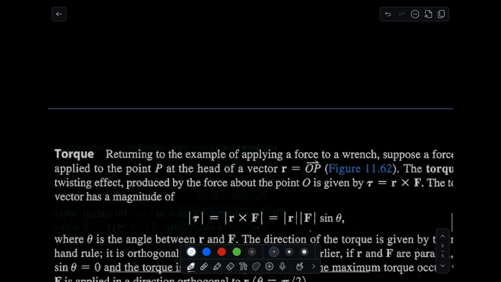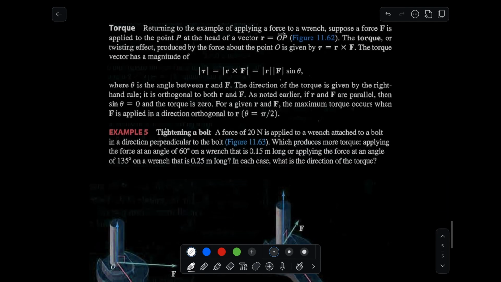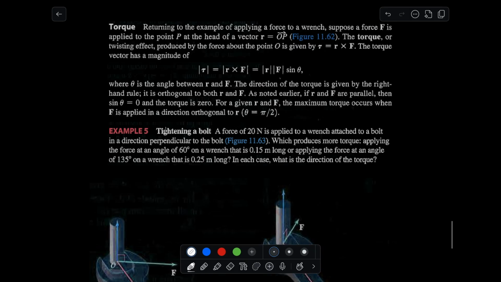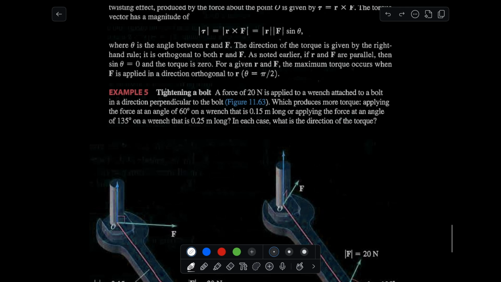And finally, going to our real-world example of torque, like we mentioned at the beginning of the video, we can say that the torque, or the twisting effect produced by the force about a pivot point O, is given by your radius from the pivot to the point of the force crossed with the force. If you take the magnitude of that, you get magnitude of r, magnitude of F, sine theta, right?